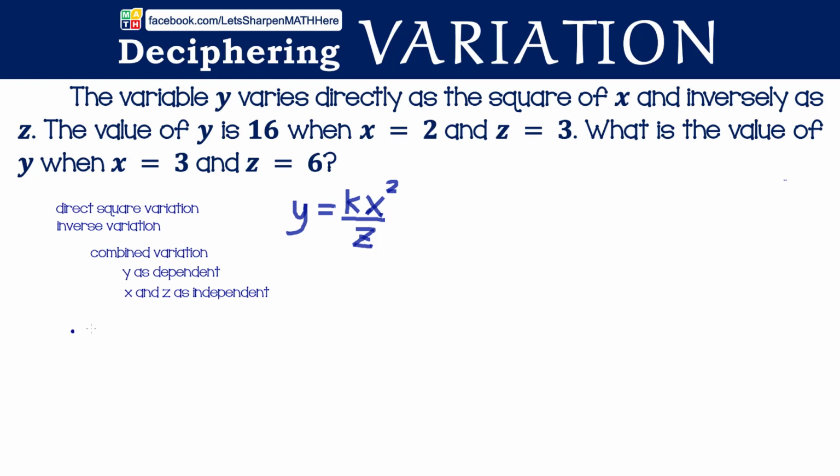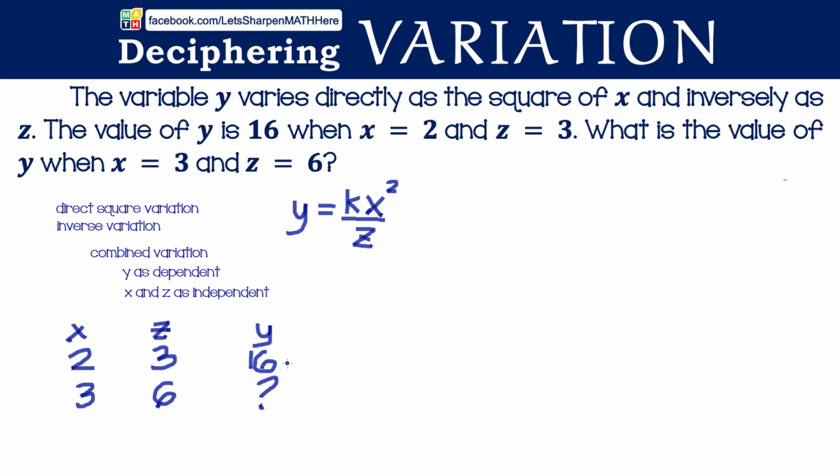Since x and z are your independent variables and y is your dependent, let's try to plot out the values. We know that y is 16 when x is 2 and z is 3. That's for the first set of values given. Then we are asked about the value of y when x is 3 and z is 6.